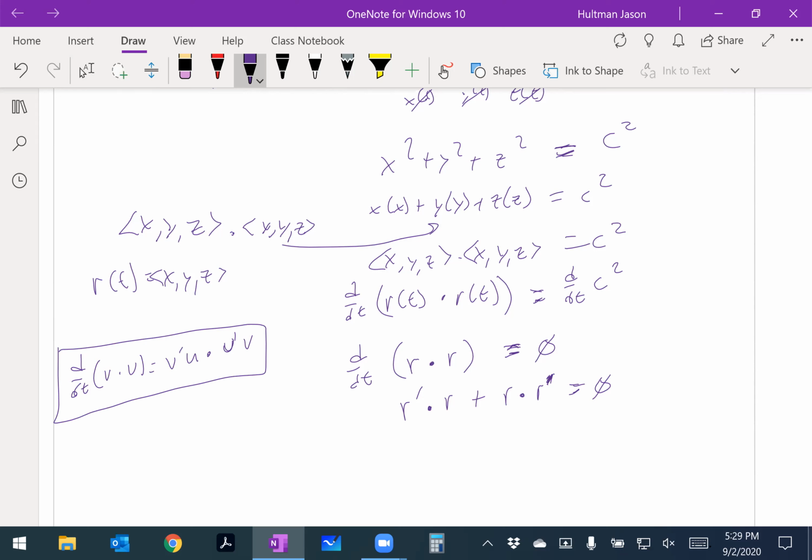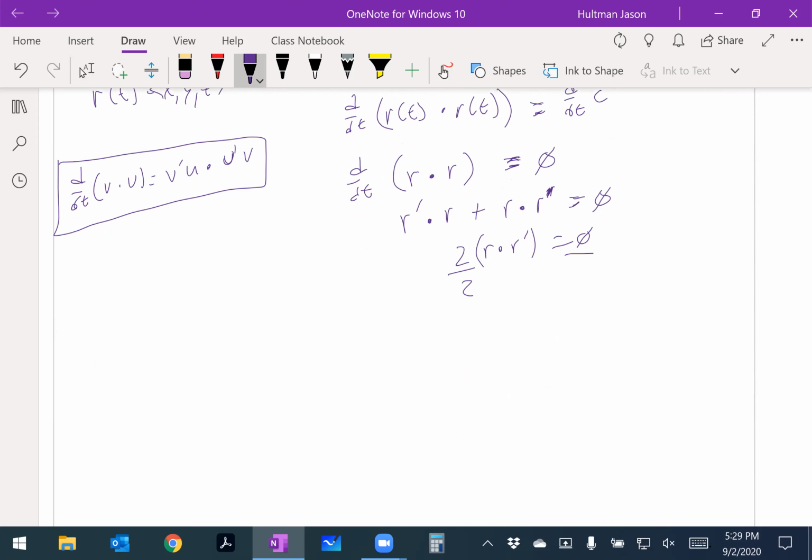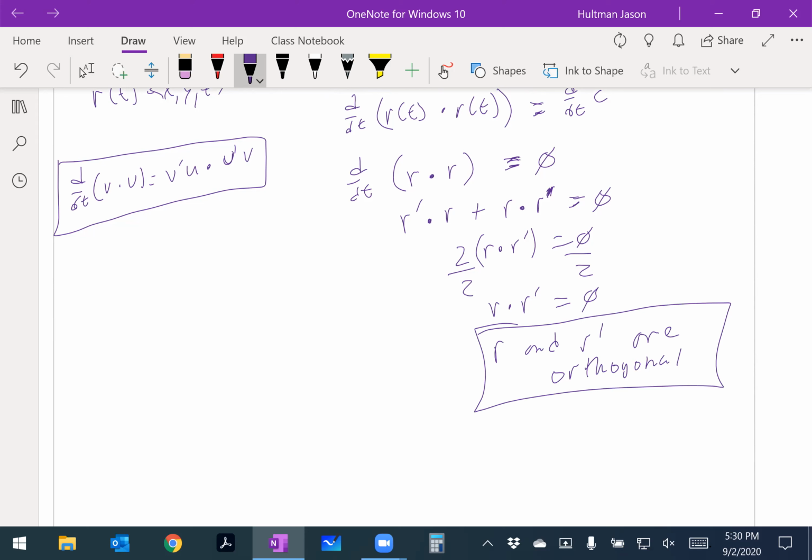And so don't we end up with two identical things? Isn't this 2 times r dot r prime? We end up with 2 of those equal to zero. Divide by 2, so r dot r prime is equal to zero. And what do we know when the dot product of two items equals zero? Doesn't that prove that they're orthogonal? Exactly. So we know that r and r prime are orthogonal. So it's a nice little proof.